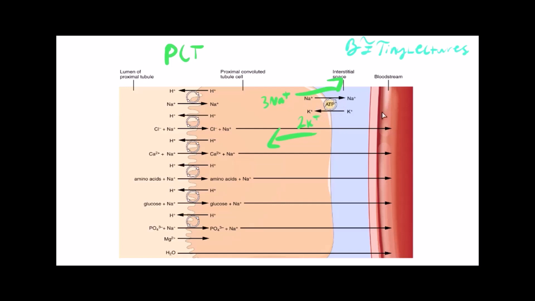And when this happens, we have a buildup of sodium right here. Eventually, because the sodium has a high concentration inside the interstitial space, it is going to leave and enter the bloodstream. And now the water says, hey, there's a lot of sodium here. I want to enter the bloodstream. This increases the blood pressure and this increases the blood volume.